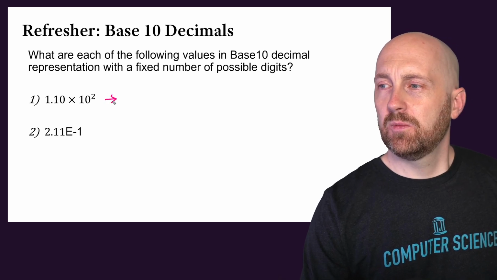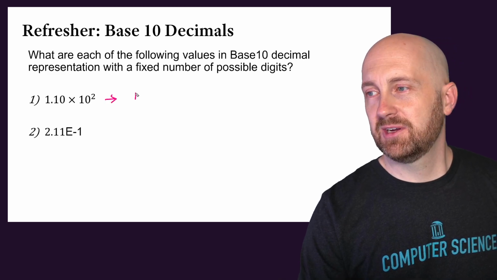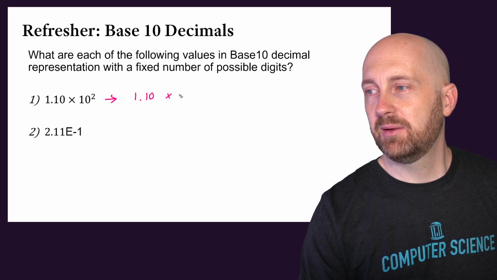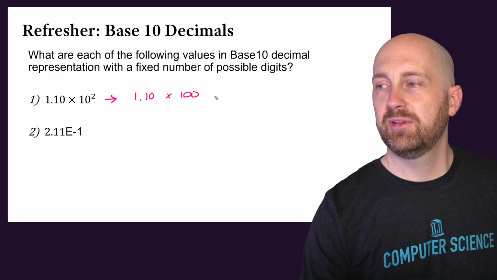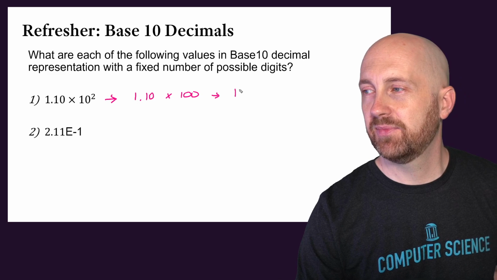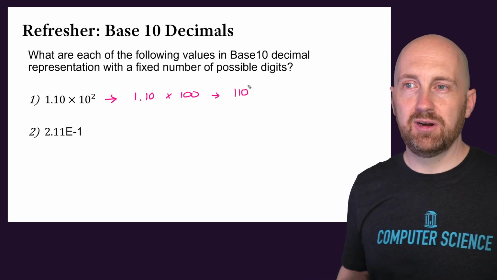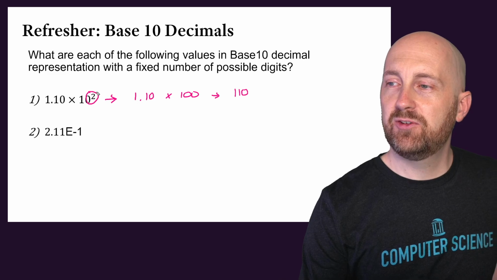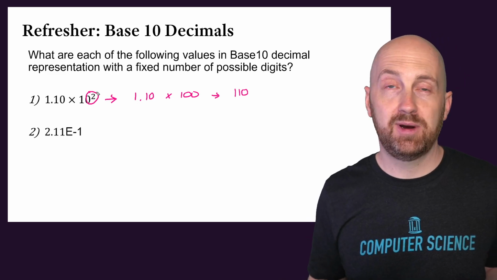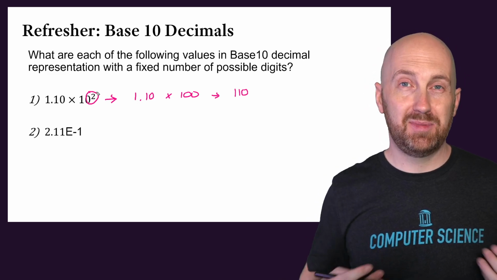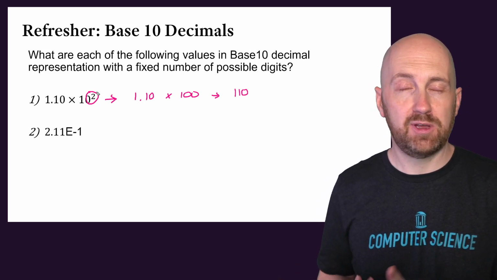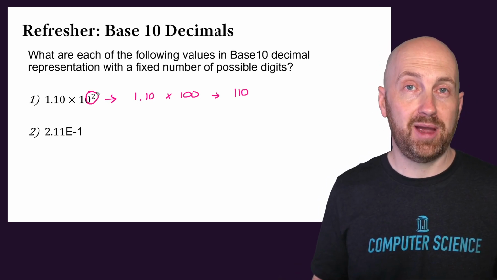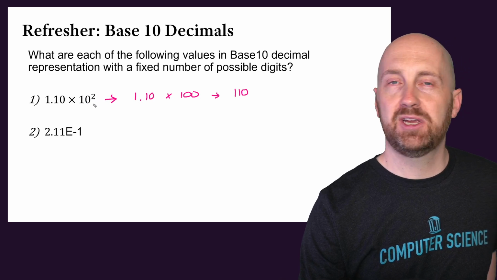And so what we can do is work this out. This is 1.10 multiplied by 100, and we know that's going to be 110. There's a trick we learn in our earlier years: this 2 is telling us we're raising 10 to a power of 2, and because each of our positional values in our numbers is a power of 10, this tells us what we can do with our decimal point.